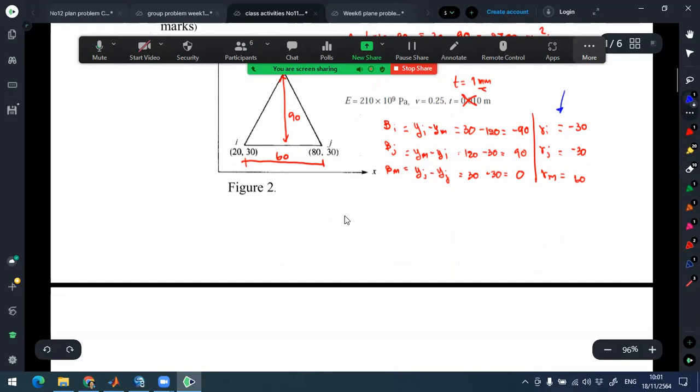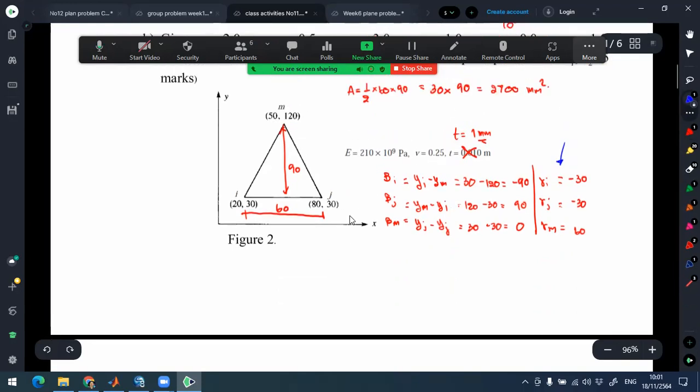After that, we can form matrix B. Matrix B becomes 1 over 2A, where A is equal to 2,700, and we have each element like this: minus 90, 0, 90, 0, 0, 0, 0, minus 30, according to the formula that you may check by yourself, then minus 90, minus 30, 90, 60, 0.